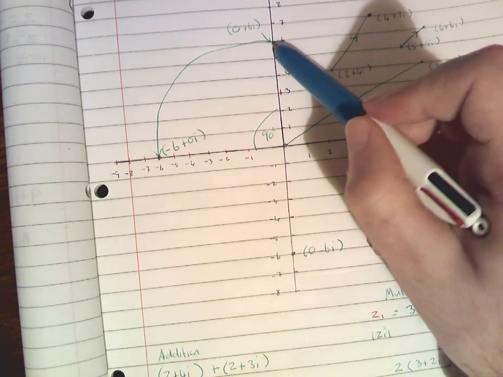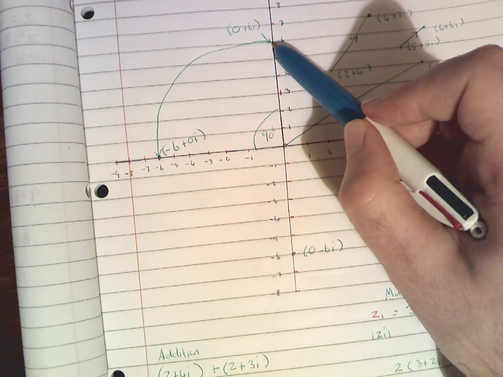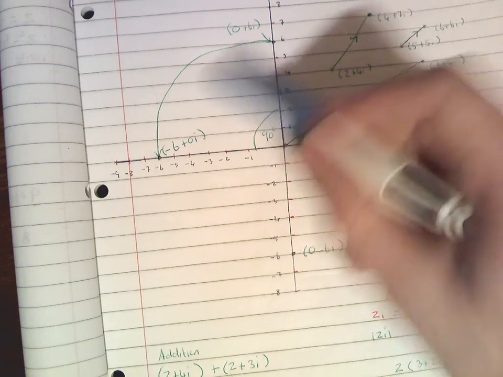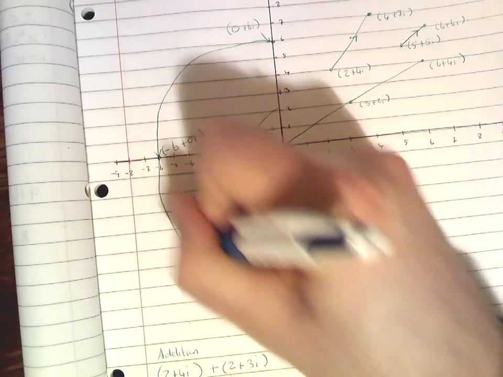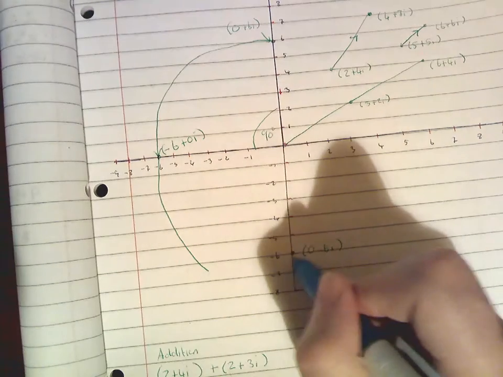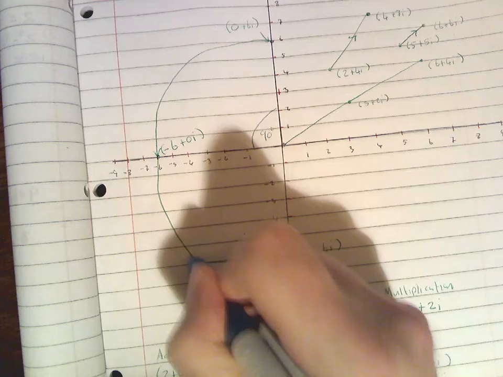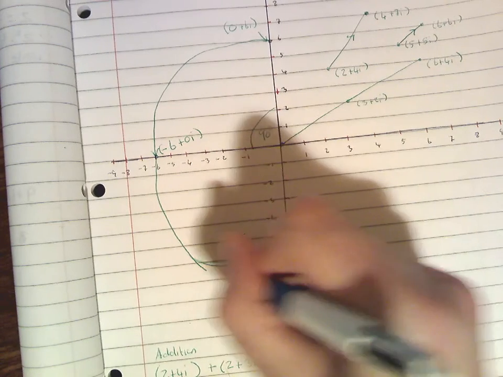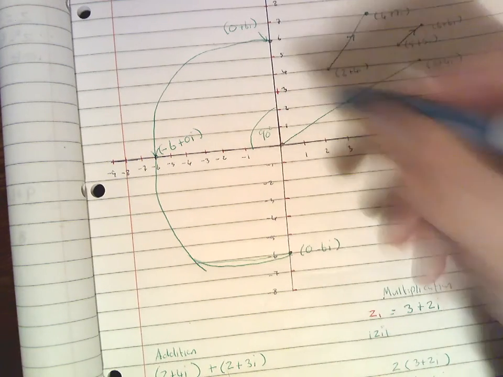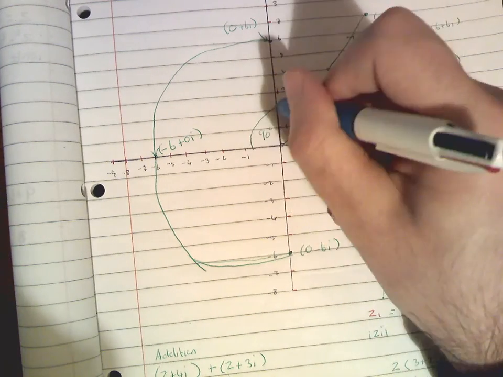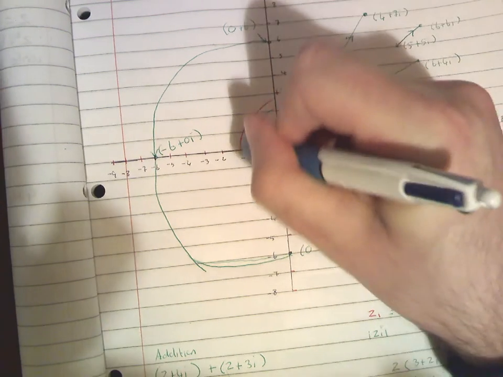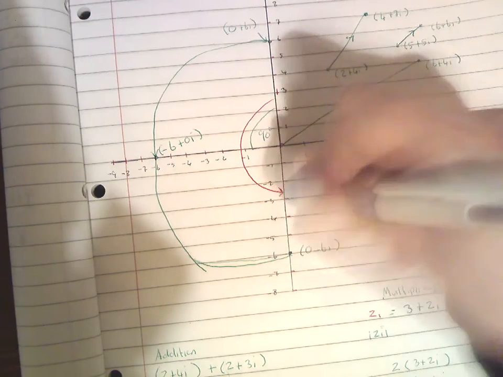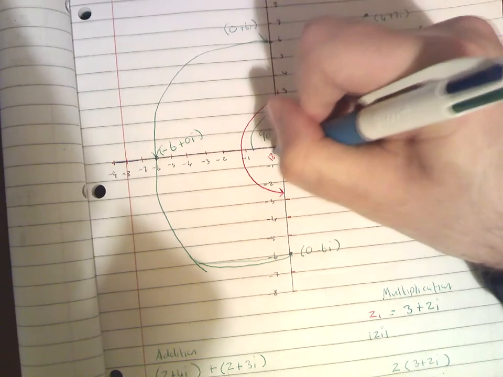So we started up here, and we multiplied it by i squared, so it rotates a whole 180 degrees. It rotates down here like so. That's not a great circle, but we can see that this rotation, when we multiply by i squared, is actually 180 degrees.